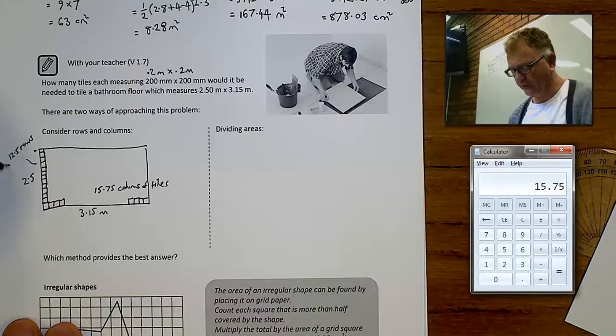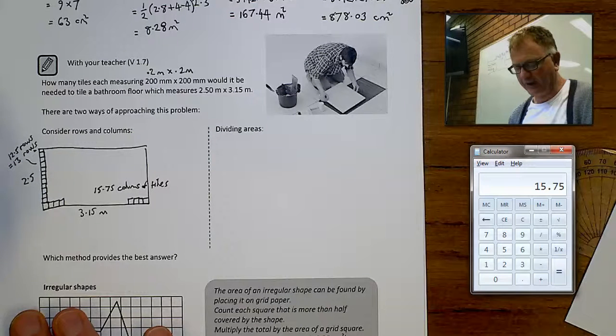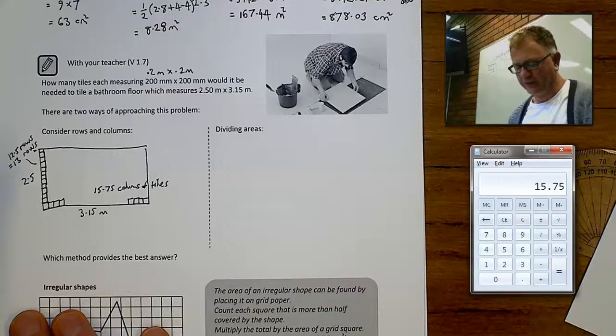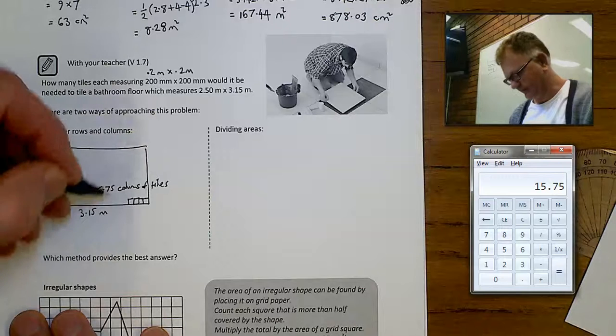So 12.5 rows actually equals 13 by the time I've bought those extra tiles, some of which I'm going to cut bits off. And the same with the columns of tiles, 15.75, I'm actually going to end up with 16 columns of tiles. Some will be cut off.